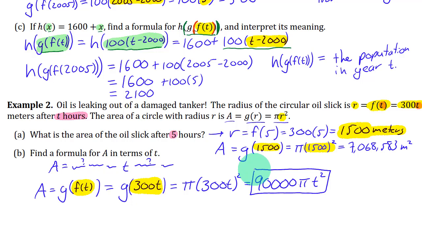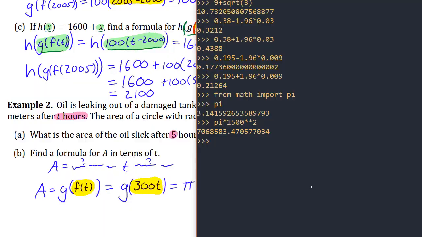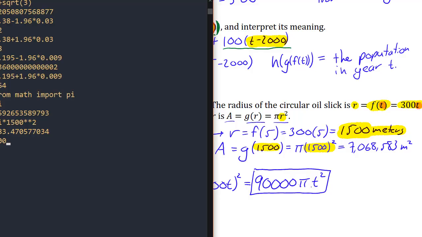And let's just check that that does the same thing as what we got before. I should be able to plug in t equals 5 into this and get the same 7,068,000 answer. And yep, it gives you the same thing.